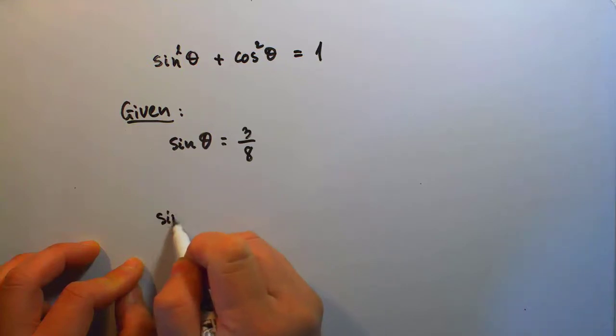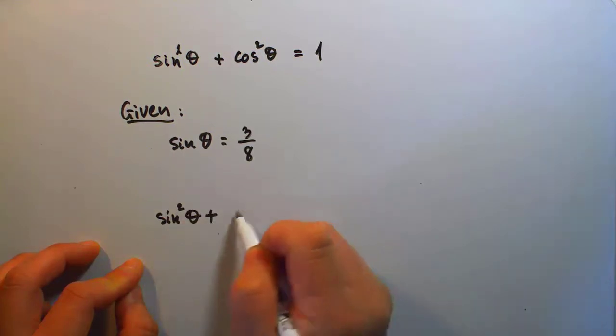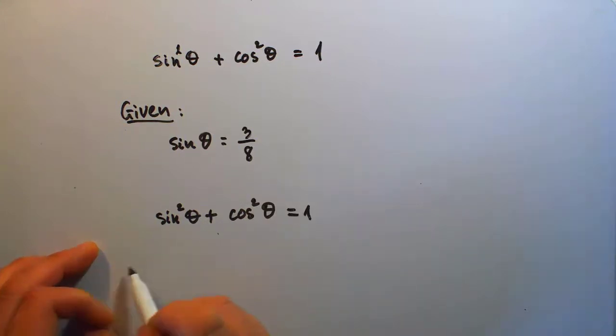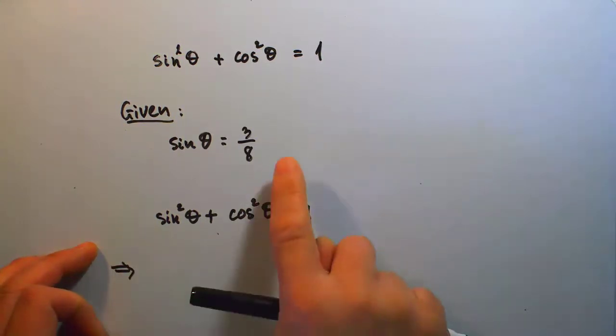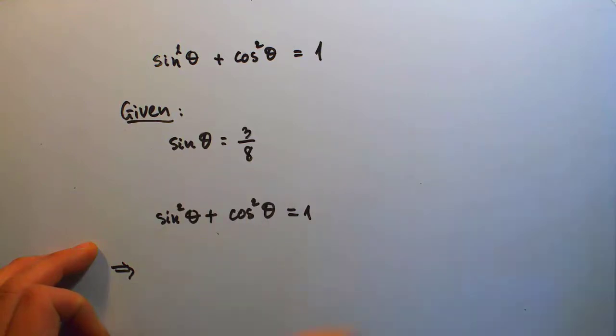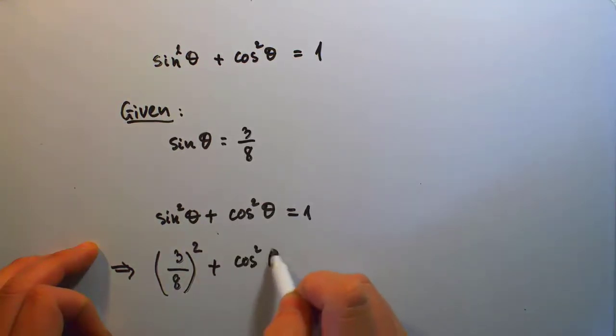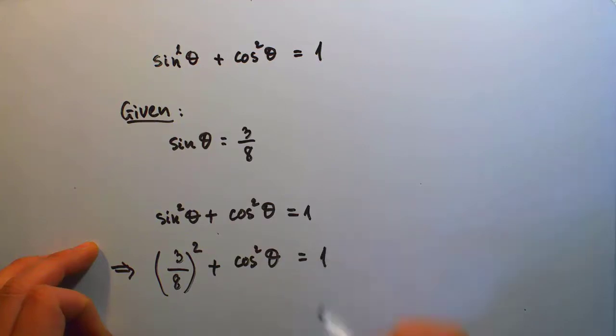After substituting the value of sine theta into the identity, I'm going to have (3/8) square plus cosine square of theta equals 1.